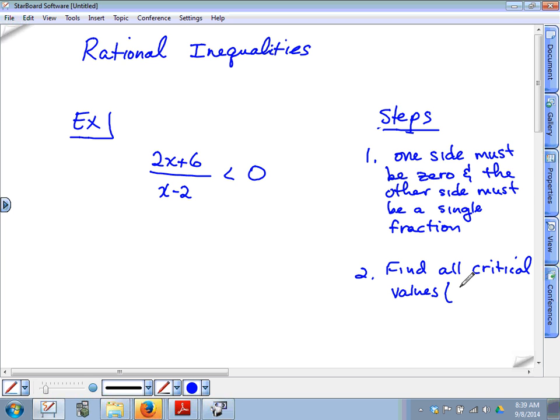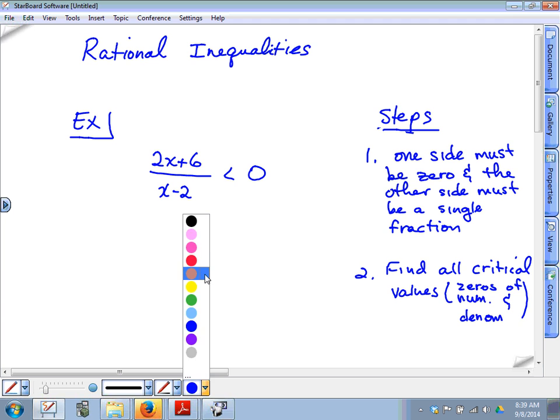Critical values are all of the zeros of the numerator and the denominator. Those are the critical values. It's the zeros of the numerator and the zeros of the denominator.